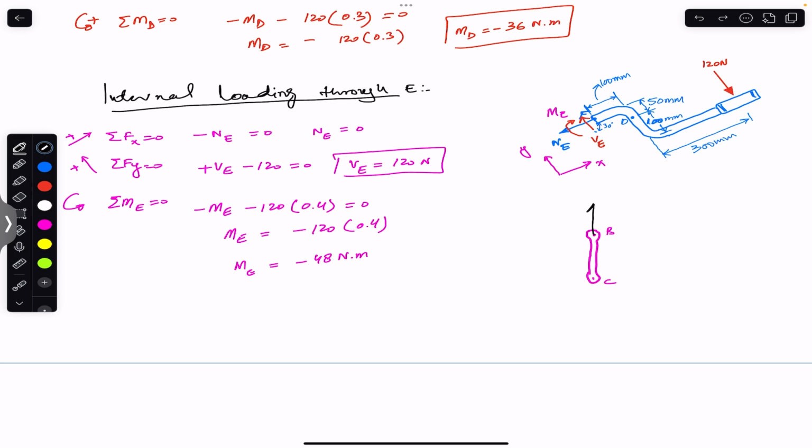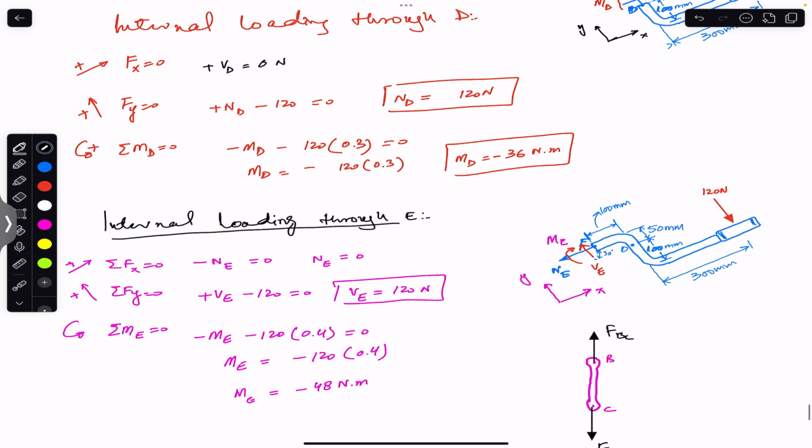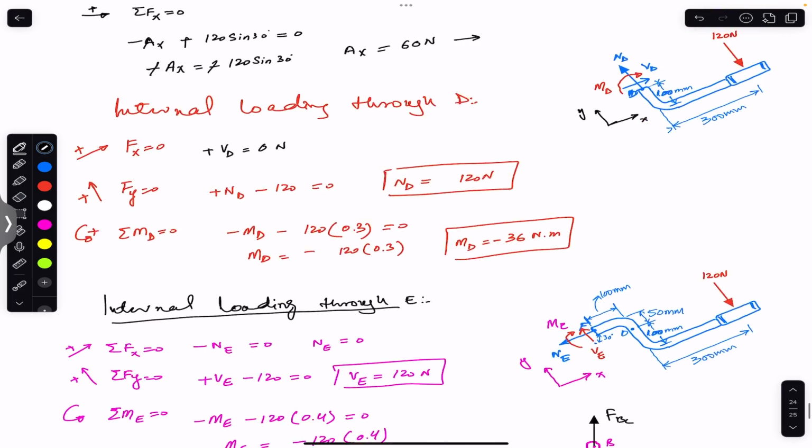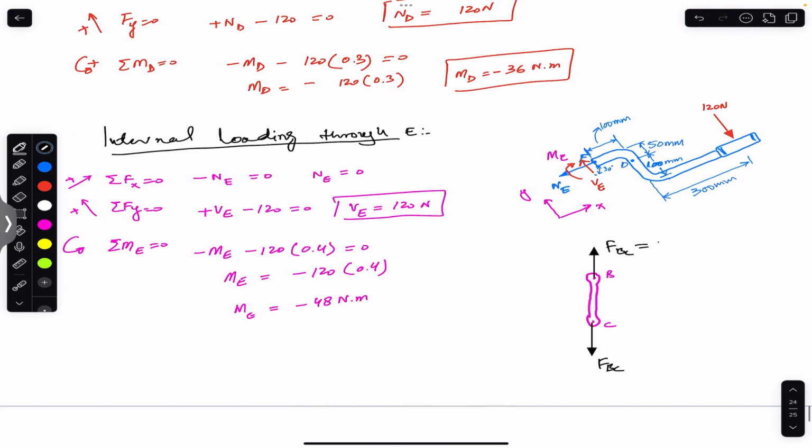This is FBC, and here we have FBC, and we know magnitude of FBC, which is 1385.64 newtons. Similarly, we have 1385.64 Newton.